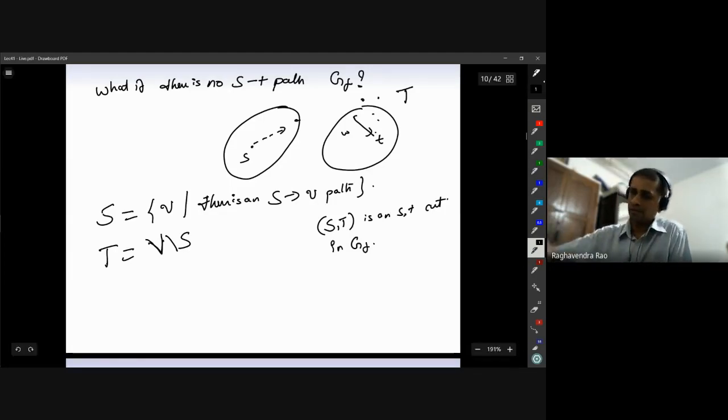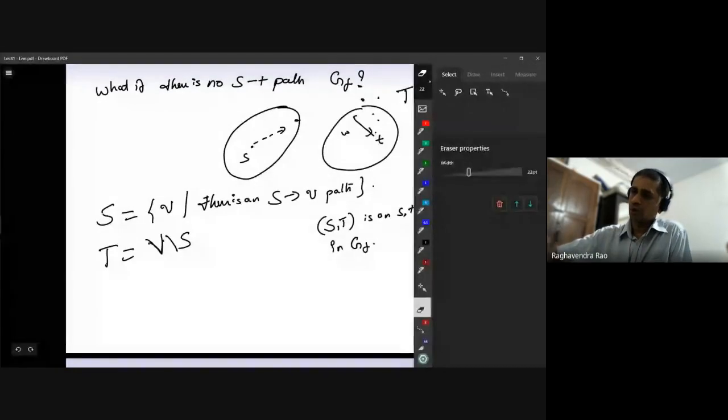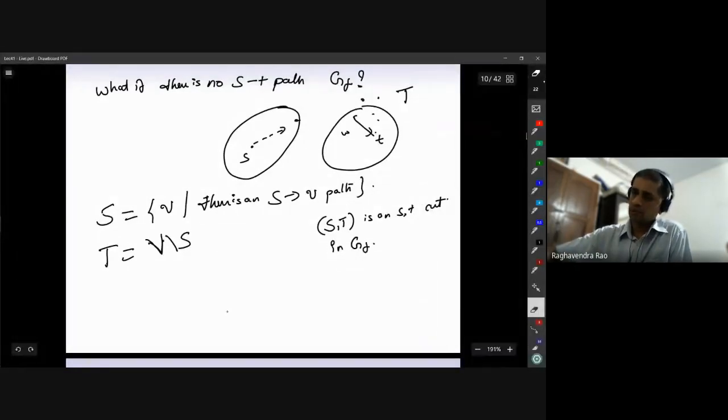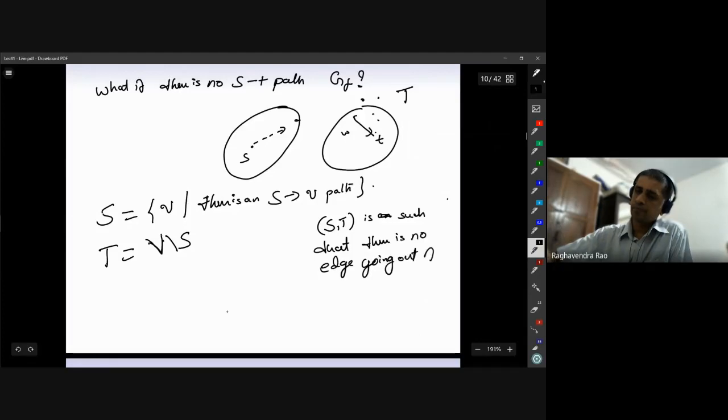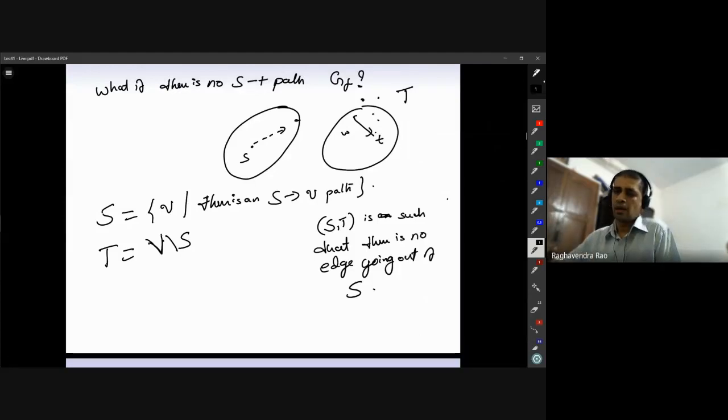In fact, something stronger is true: by definition there is no edge going out of S. Now the question is, is it a cut in G?